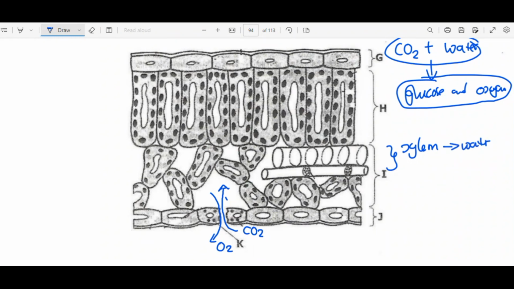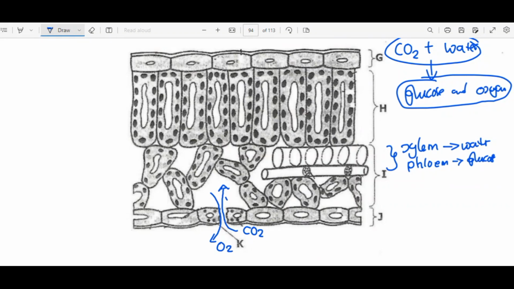Now glucose is transported through a vessel known as the phloem. So the transportation system is known as a vascular system, or sometimes you may find it as a vascular bundle. So a vascular bundle is just a collection of xylem, phloem, and cambium.